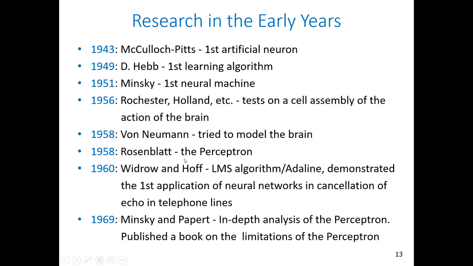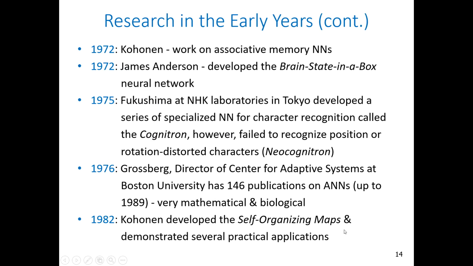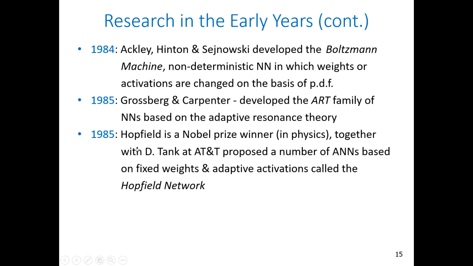So this is a timeline of research in the early years. As you can see, 1943, the first artificial neuron; 1958, the perceptron; and after 11 years, in 1969, they published the limitations of the perceptron. Moving forward, in 1985, Hopfield, a Nobel Prize winner, together with this guy, proposed a number of artificial neural networks based on fixed weights and adaptive activations called the Hopfield network.